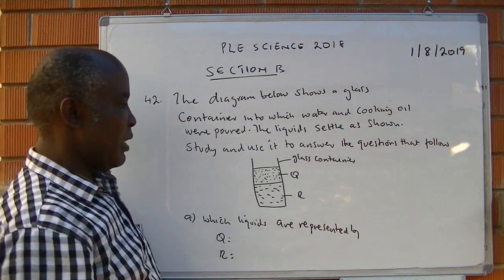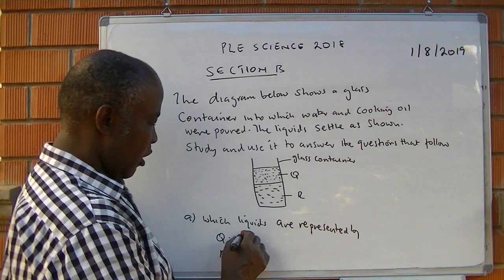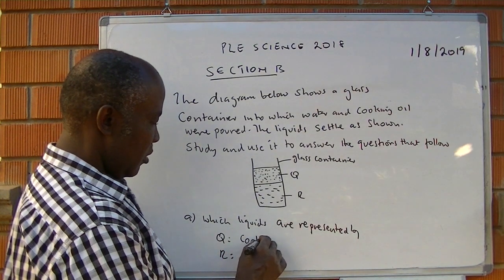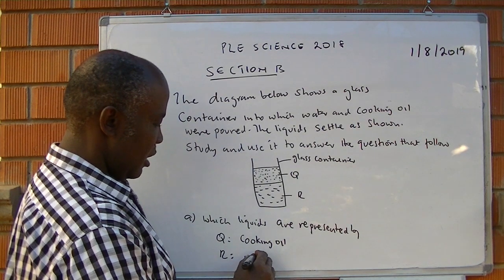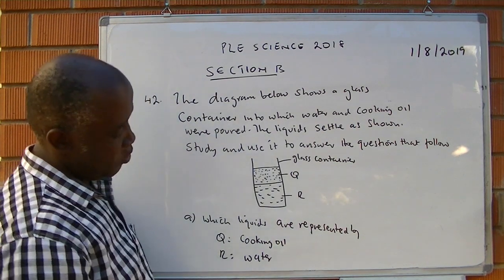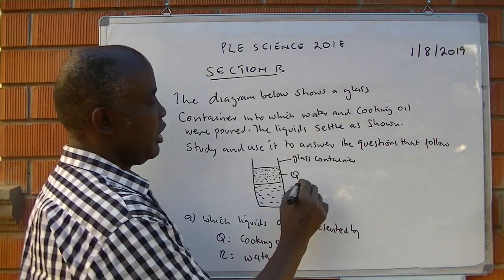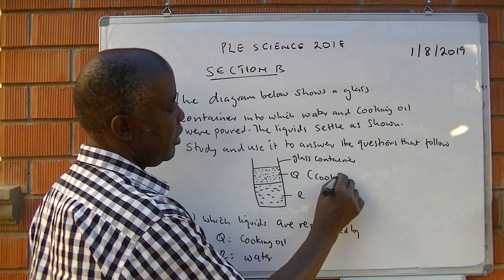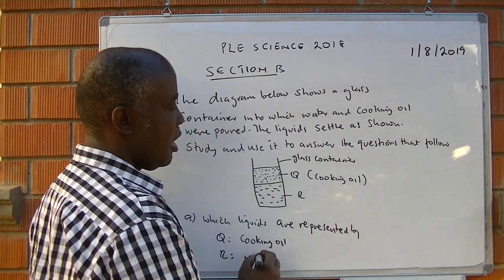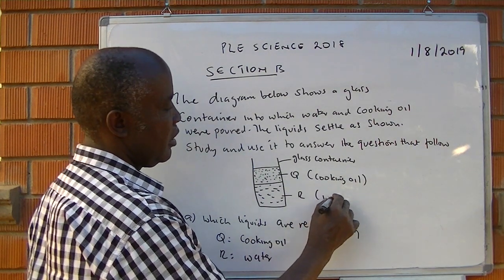A, which liquids are represented by Q? Q is cooking oil. R is water. So Q is cooking oil.